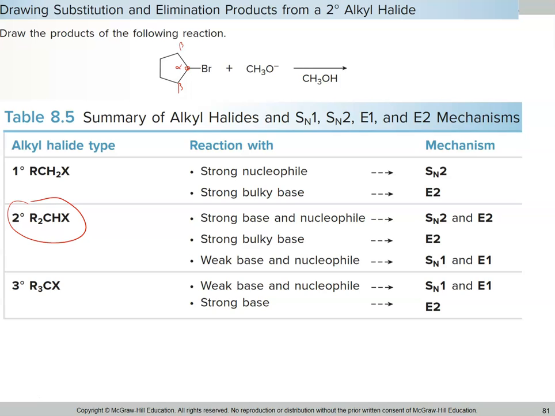The next thing we want to look at is the base, which is a strong nucleophile and base. So these could go through the SN2, E2 chemical reactions, and the products are going to have either the bromine replaced with an OCH3 or a double bond between the alpha and beta carbons on either side.